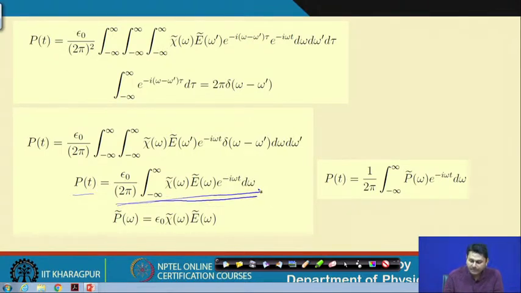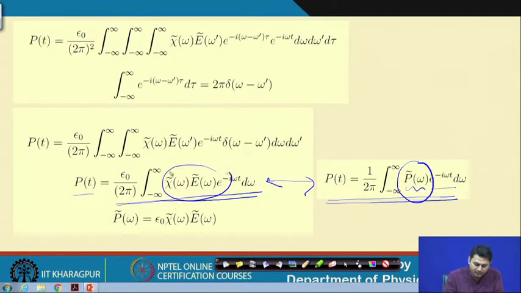If you remember, here it is written that P(t) was already defined in terms of its Fourier component, that is, 1 by 2 pi integration from minus infinity to infinity of P tilde (omega) and this quantity. If I compare these two things, we can find that this quantity should be equal to this quantity multiplied by epsilon 0, and other terms will cancel out.